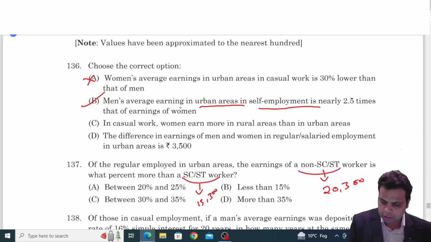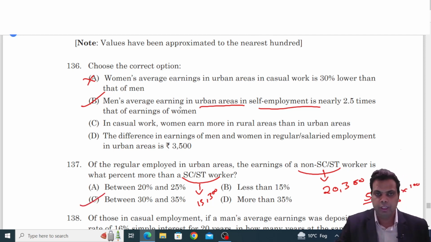How much more percent? How will you find it? The difference between both of them is 5,000. So 5,000 upon 15,300 into 100. We'll get the answer between 30 and 35%, option C. I hope you are clear with this.